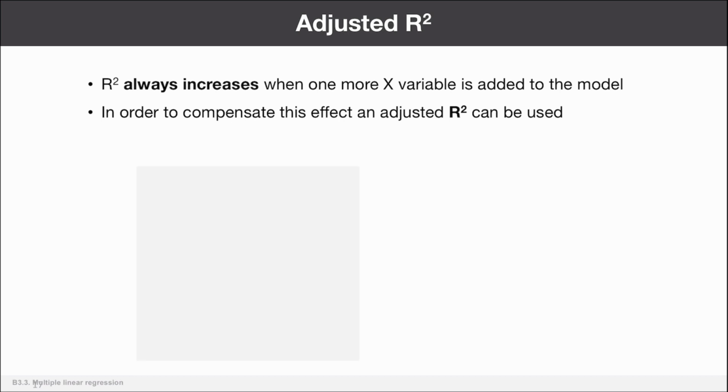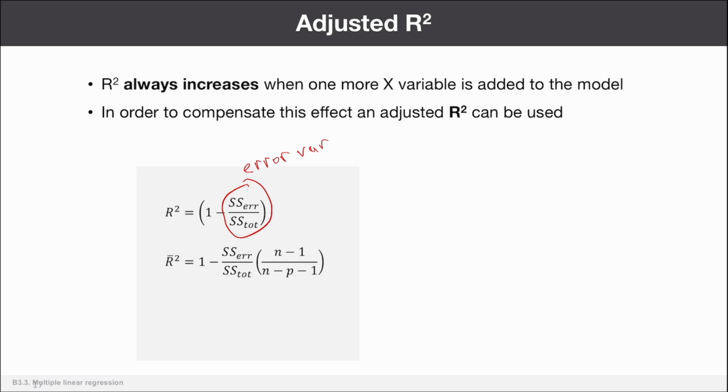How is it computed? This is the computation. So this is normal R squared. And you remember, this is the error variance, right? So this is error variance, residual error variance, right? It's a percentage of error compared to the total variance of y. And we simply increase it by taking the ratio between, you can see, sample size minus 1, and then sample size minus number of variables minus 1.